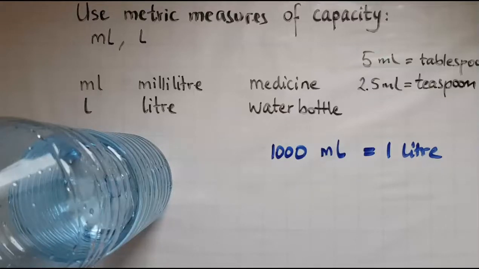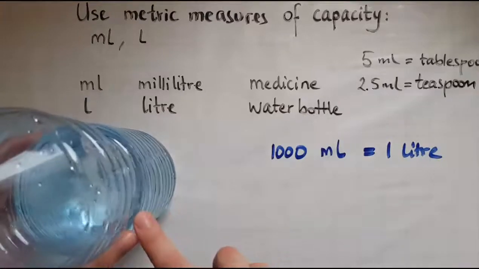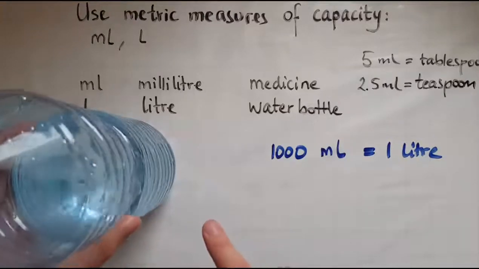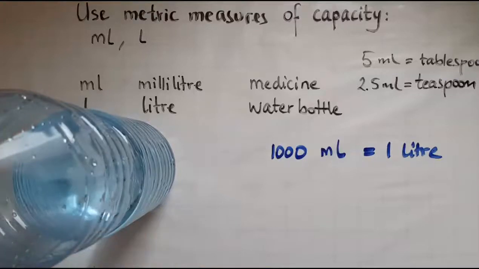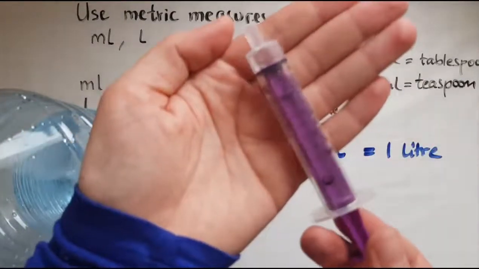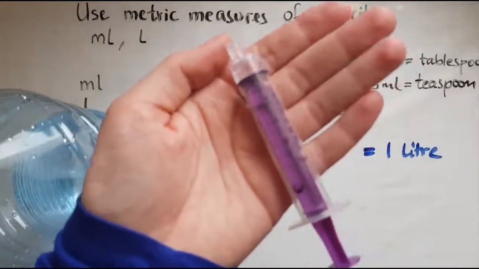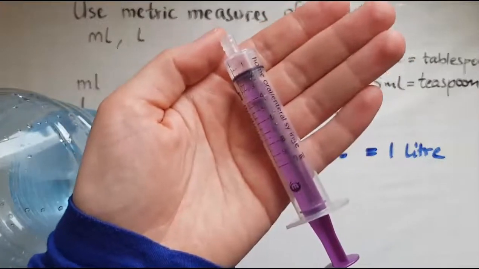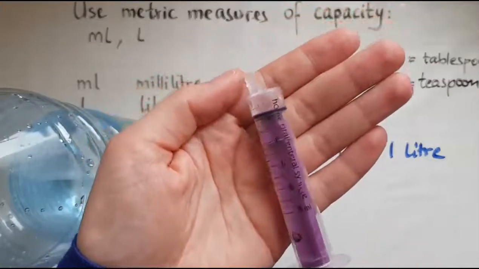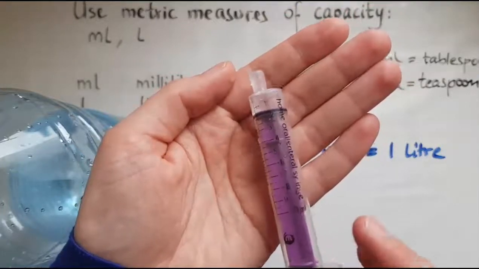And how do we actually measure the capacity? That is through measuring jugs. They've got marks on them, like the bottle, and it shows how much there is in each one. Or like I showed you with this syringe, we've got milliliters of medicine or water in it.